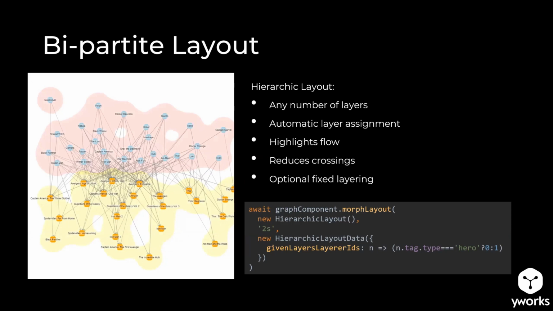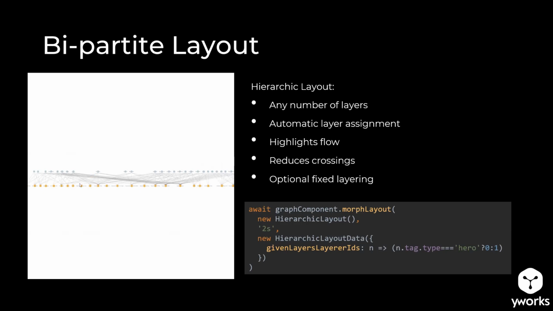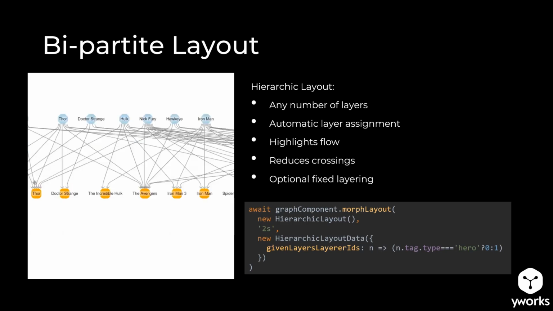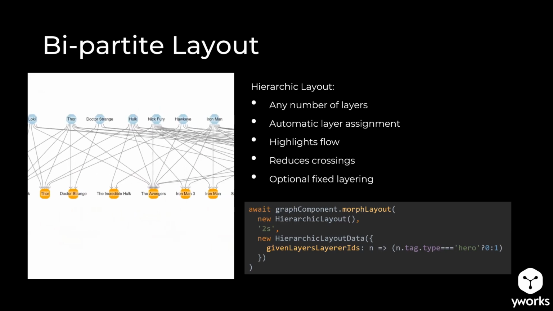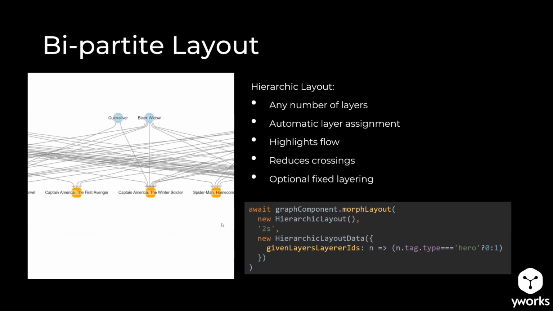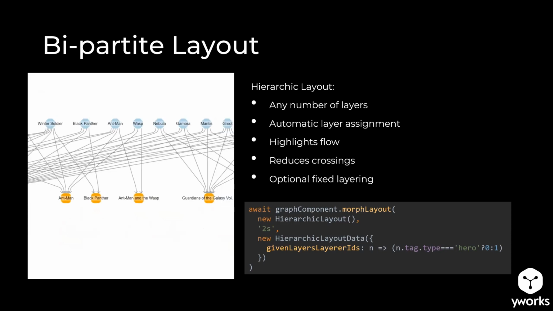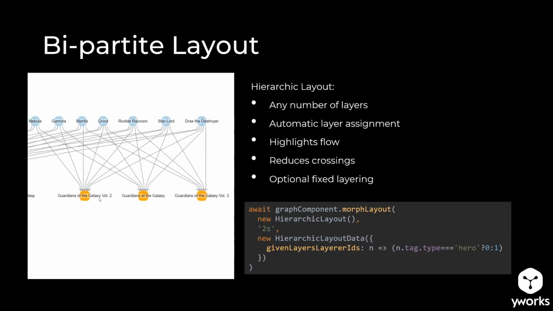Once we apply the hierarchic layout, every hero and every movie is on the same horizontal axis each. This results in a much wider layout, but immediately it becomes a lot clearer to the viewer that there are no connections in between the movies or in between the heroes, and that every edge only ever goes from heroes to movies in the data.